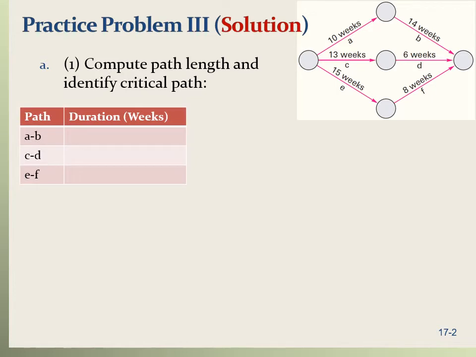For path AB, the length of this path is 10 weeks plus 14, so that's 24 weeks. For path CD, the length is 13 weeks plus 6, so that's 19 weeks. For EF, the length is 15 plus 8, that's 23.